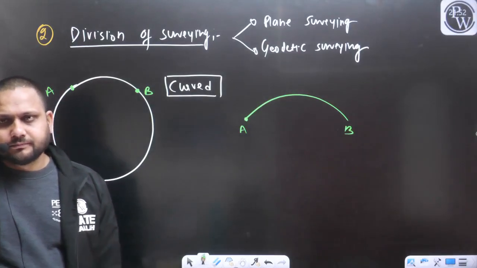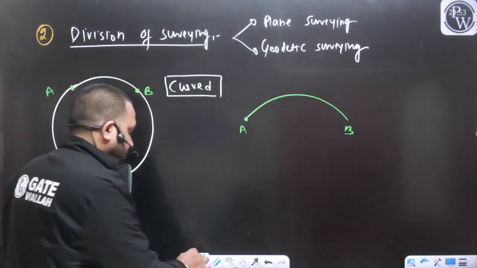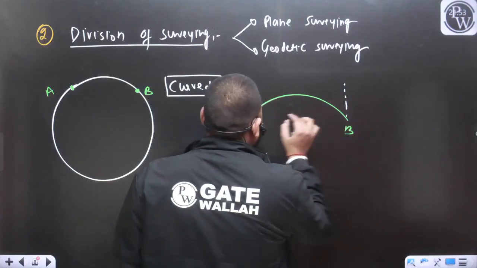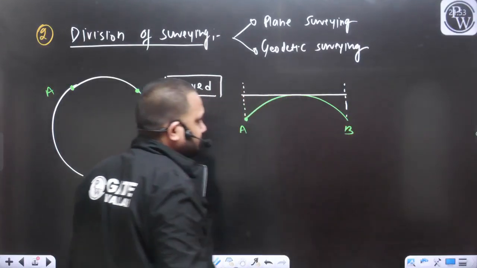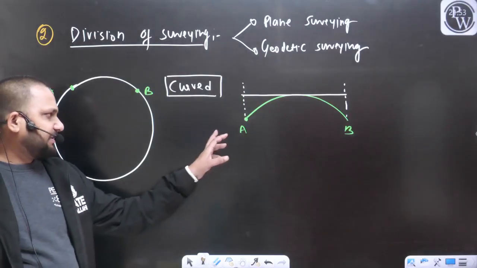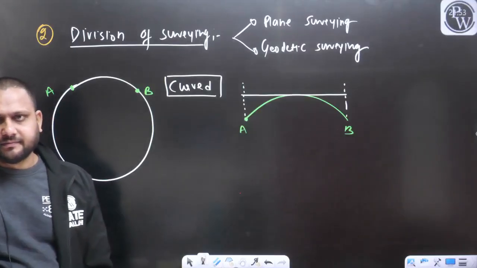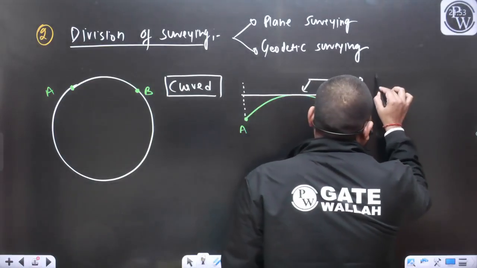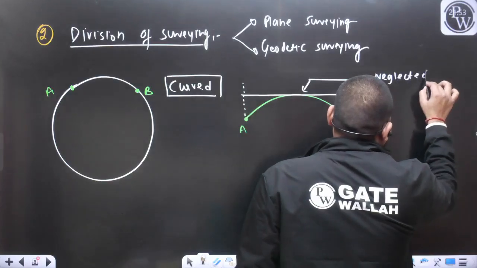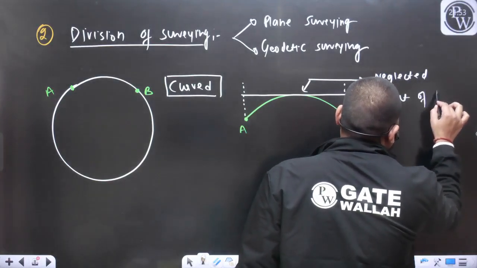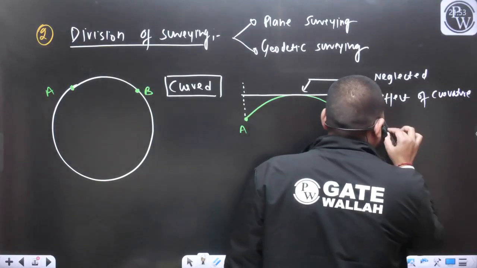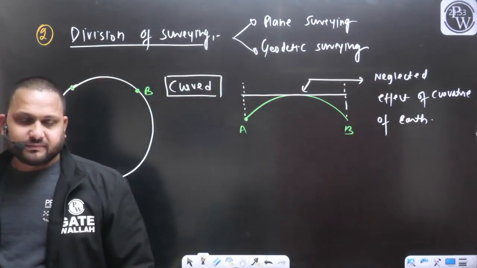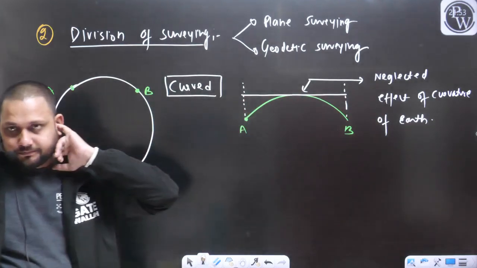But now what are we doing in our measurement? We are measuring the distance between points A and B something like this. Can I say, if I am measuring in this way, we have neglected the effect of the curvature of the earth in our measurement, yes or no?